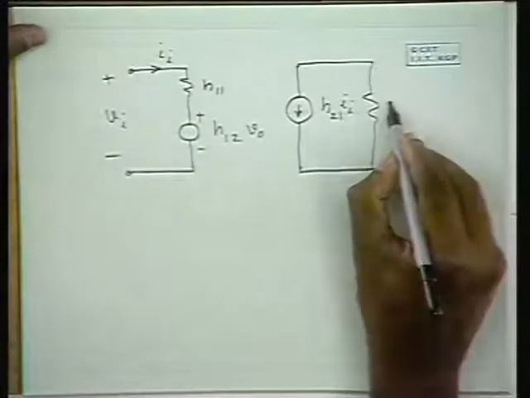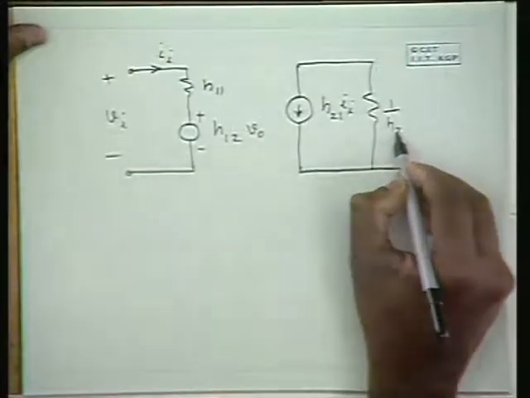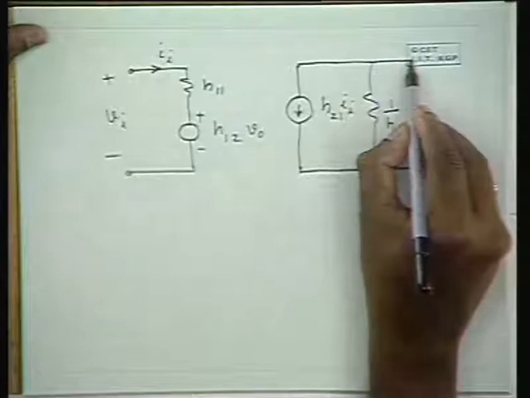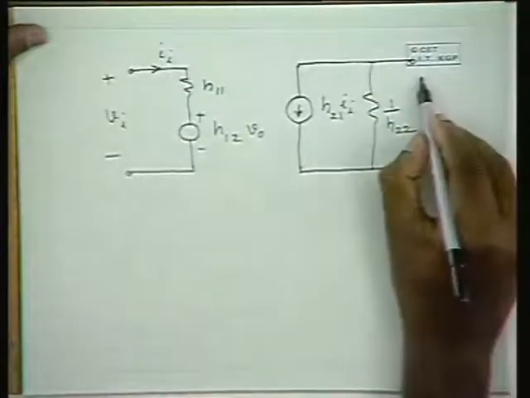If you represent it by resistance, it is 1 by H22. So, these are the output terminals.